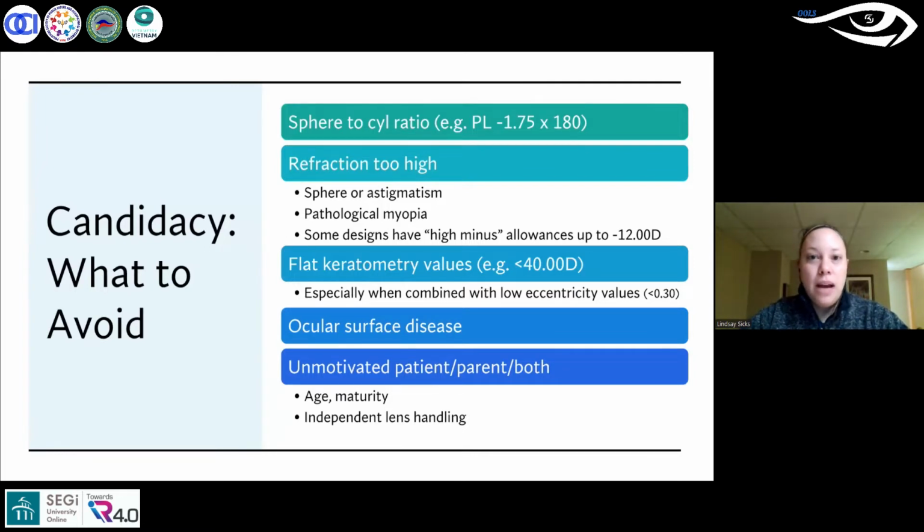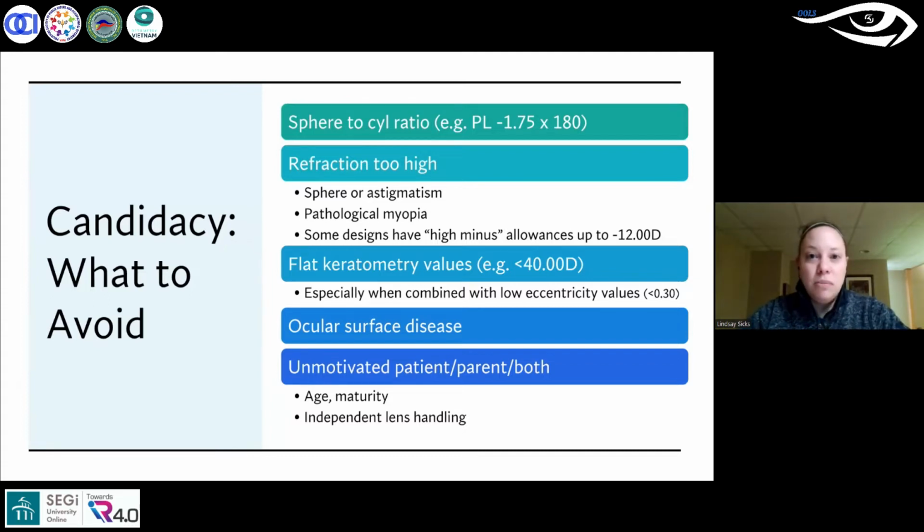We talked about myopia and myopic astigmatism as being good options, but we want to avoid patients who have a high cylinder to sphere ratio. An example would be someone who's like plano minus 1.75. So they have a lot more cylinder than they have myopia in the sphere.